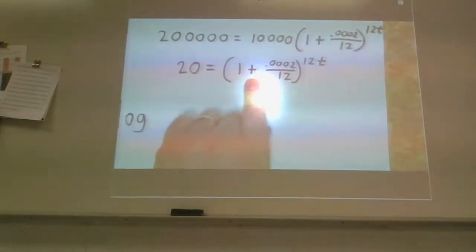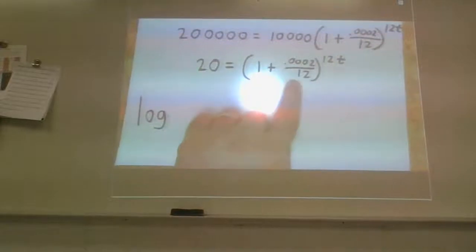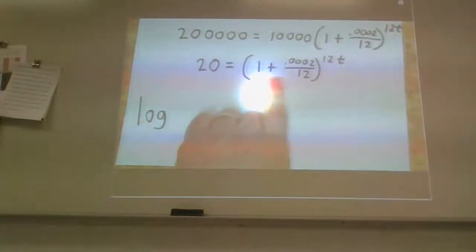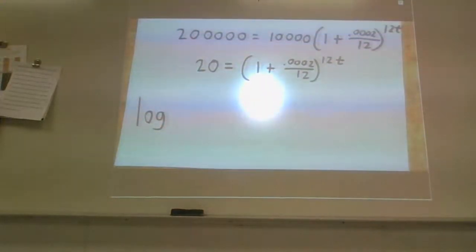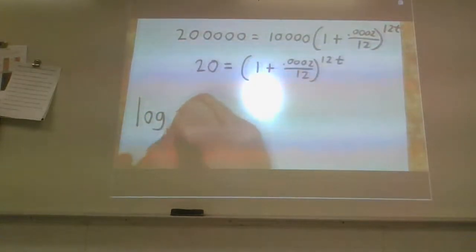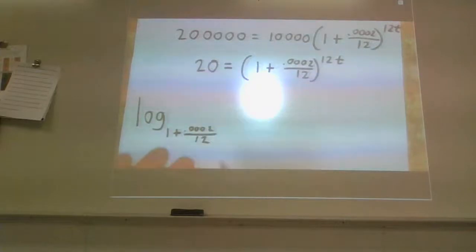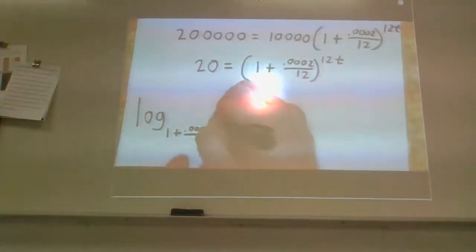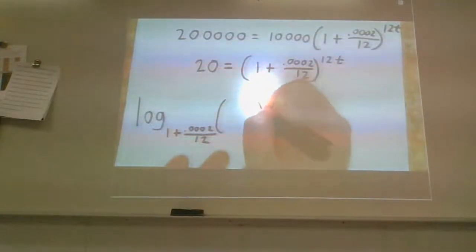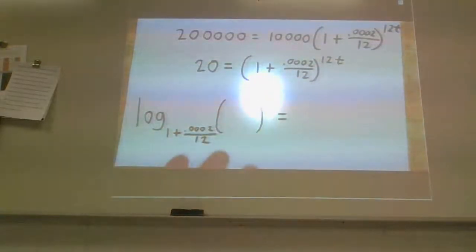The base on that exponential is going to be the same base that is on your logarithm. It's a subscript. The base that is on your exponential, which is the 1 plus 0.0002 over 12, is going to be the same base that is on your logarithm.